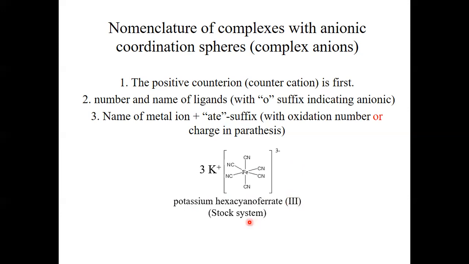And this kind of nomenclature would be called the Stock system. Or we could say that this is a potassium hexacyanoferrate 3-, and that nomenclature system would then be called the Ewens-Bassett system. So both types of nomenclature are equal in literature, so you should know of them both, and need to be able to do them both. Awesome.